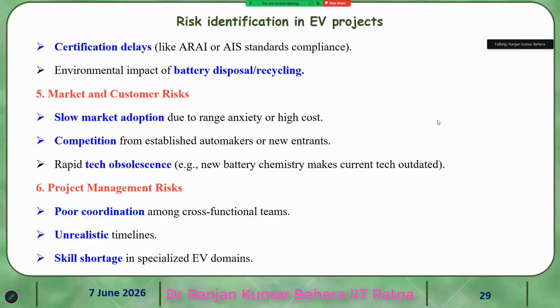Then market and customer risk: slow market adaptation due to range anxiety or high cost. Like Mahindra and Mahindra, they show 400 kilometer per charge.